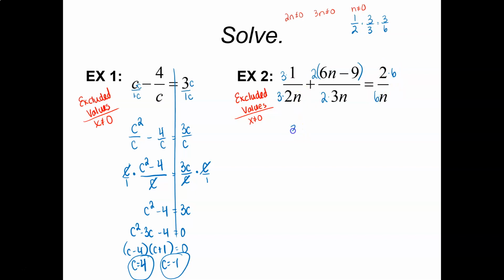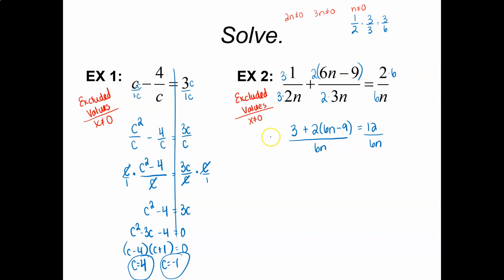So this is going to give me 3 plus 2 times 6n minus 9 equals 12, and this is all over 6n. Or you can write the 6n separate on that left-hand side. It doesn't matter. So, you'll start to notice here, this happens every time.